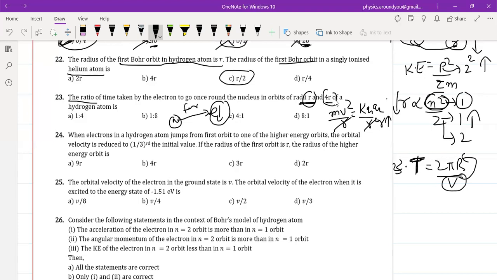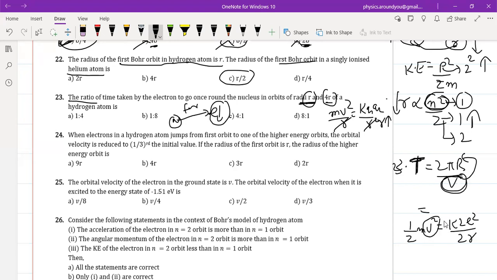Let us see how we can get our way over here. How to express V in terms of R? Well, we know that kinetic energy is the modulus of total energy. This is a result which I am borrowing. Kinetic energy is equal to modulus of total energy.